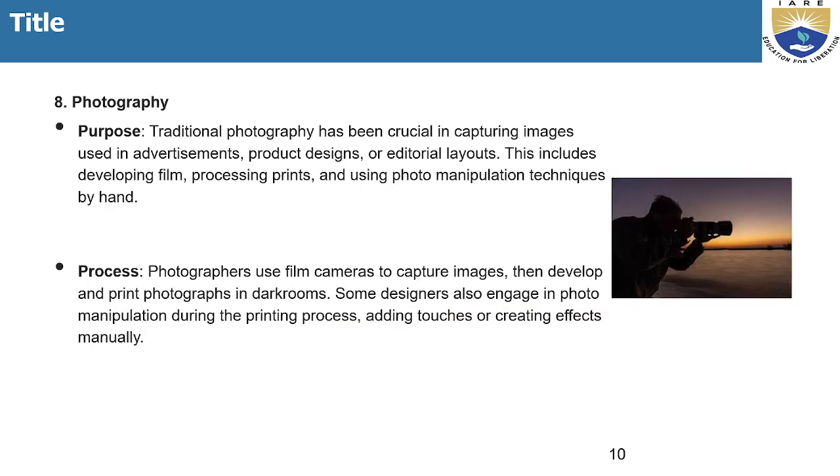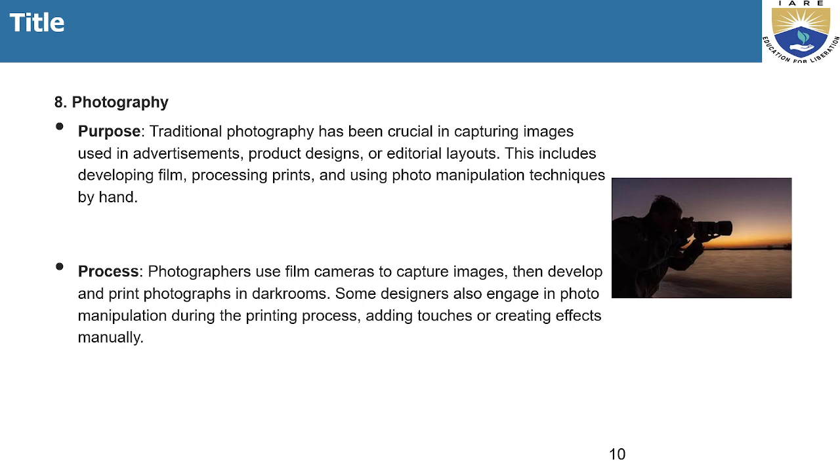Next is photography. Traditional photography has been critical in capturing images used in advertisement, product design, and editorial layout. This includes film development, processing, printing, and using photo manipulation techniques by hand.